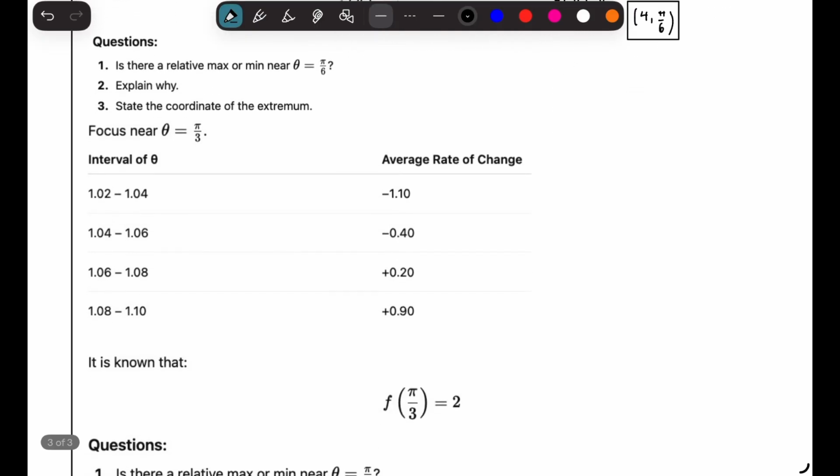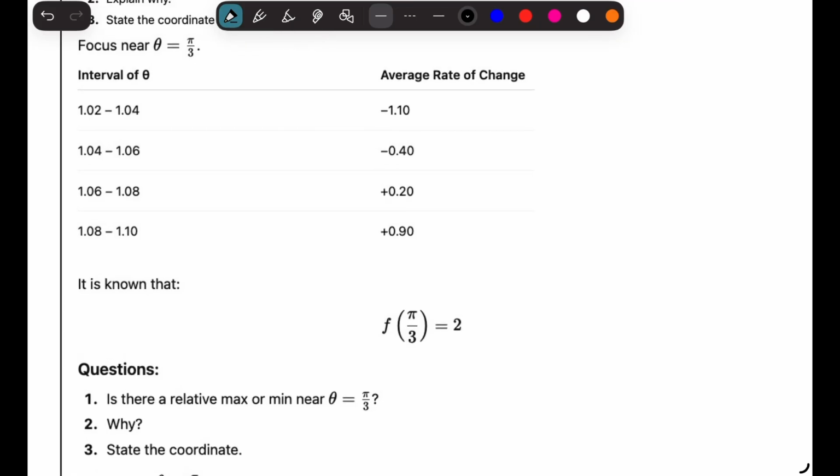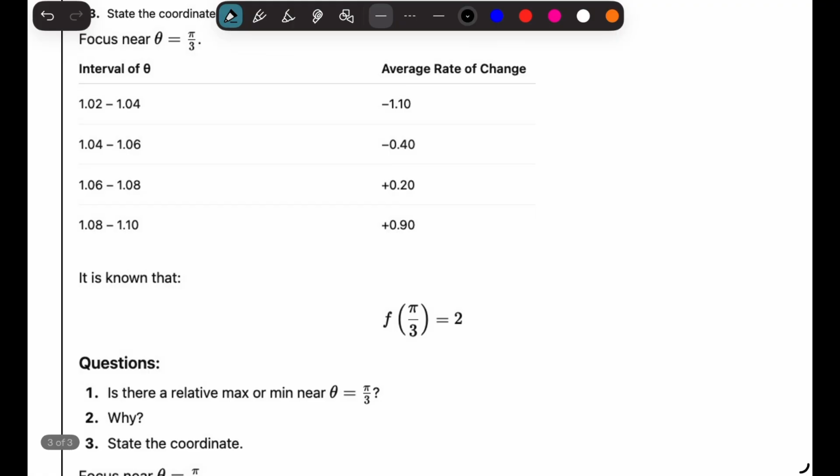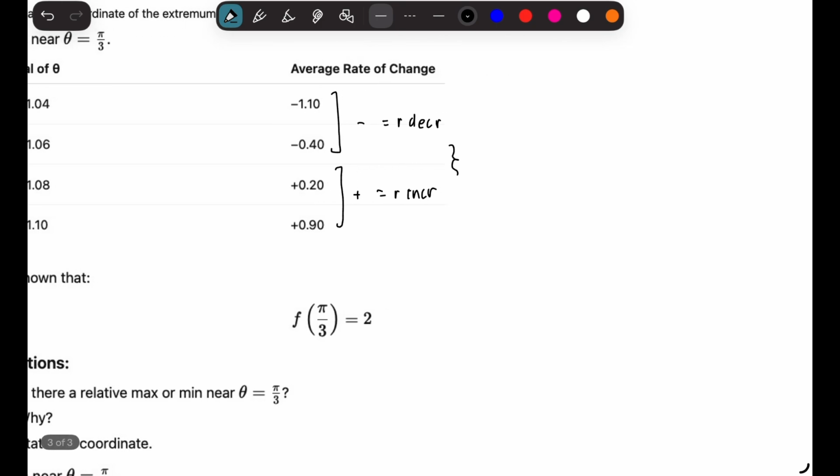Now for our next question, focus near pi over 3. So we have our intervals. First, we want to identify sign changing. So it's negative, r decreasing, r increasing. So here we're going from negative to positive. That means you have a local min.